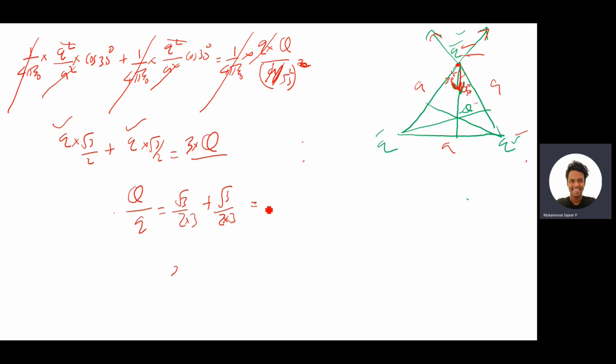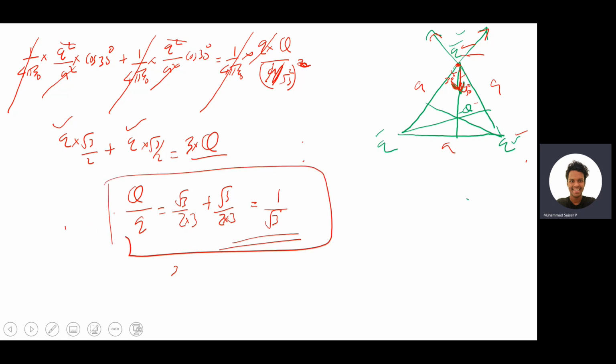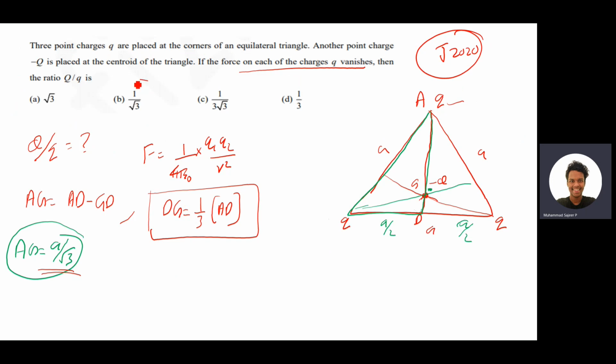Then we'll cut the 2 times, since 2 times 2 will cancel, then root 3 will cancel, so it will be 1 by root 3. So the solution is q by q equals 1 by root 3. Is 1 by root 3 there in the options? Yeah, it's B.